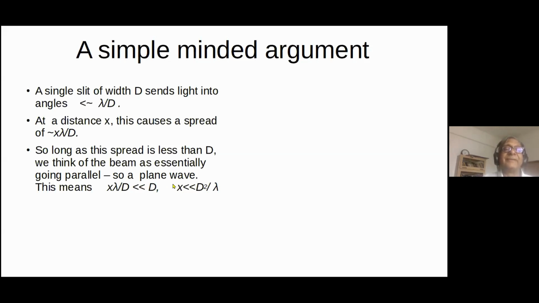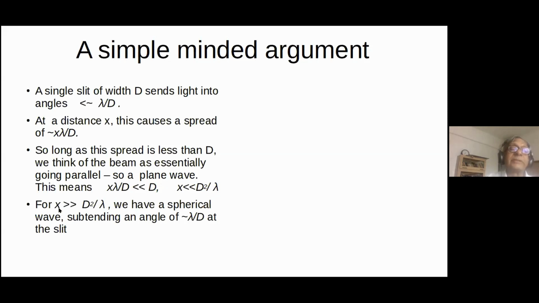And therefore this distance, if you keep decreasing d, then you find that sooner or later this is going to fail. So this is also a criterion for the validity of ray optics in some sense.